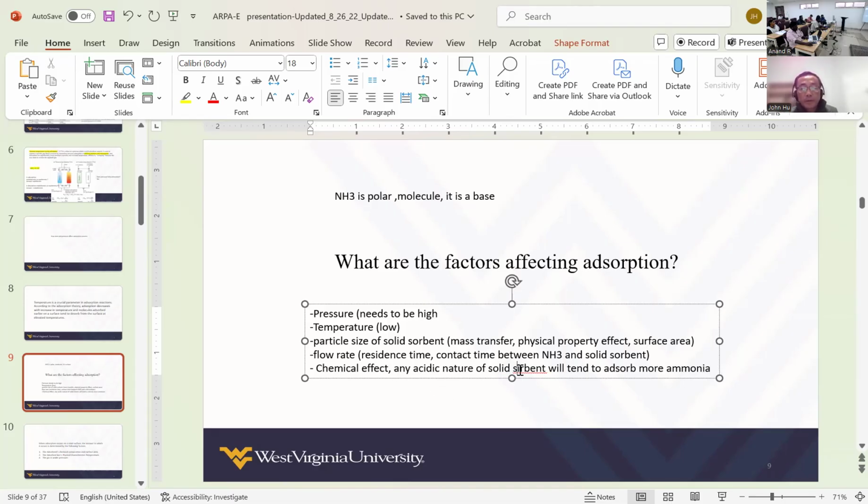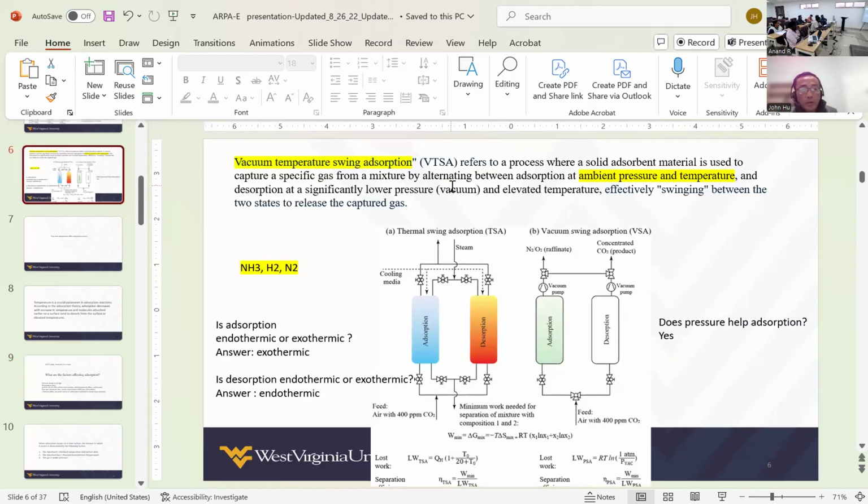So we can keep on going for days, because it's all related. You are talking about ammonia and the solid solvent. But one thing we have to remember, this is called VTSA. It's not just adsorption, it's desorption. Adsorption, this blue color, shows how much ammonia you can adsorb.